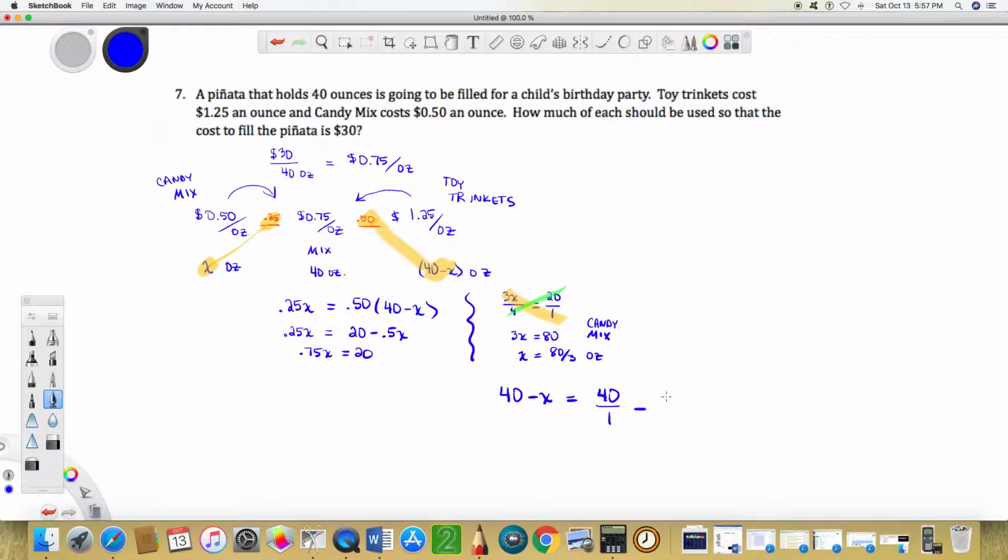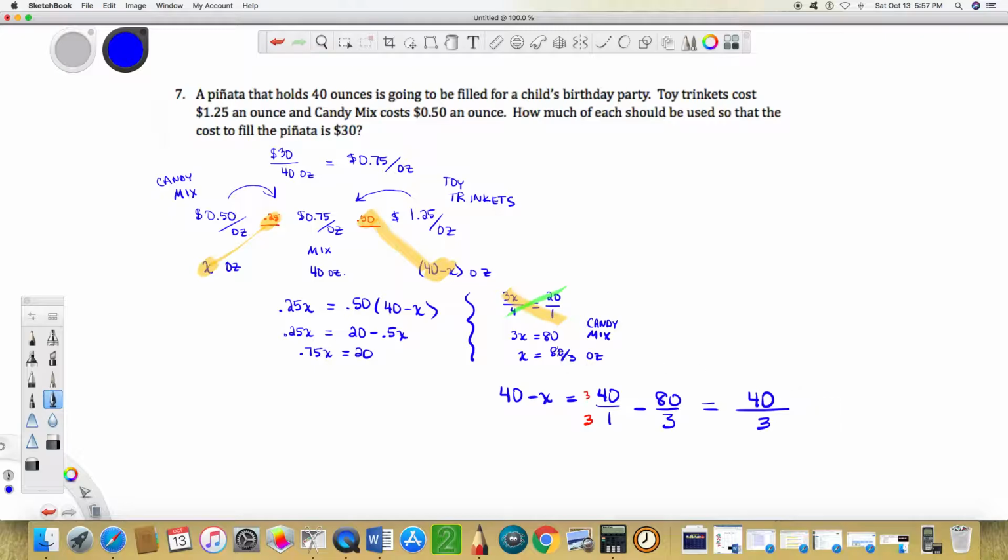If I multiply by 3 over 3, I'll get a common denominator. 120 minus 80 should be 40, right?